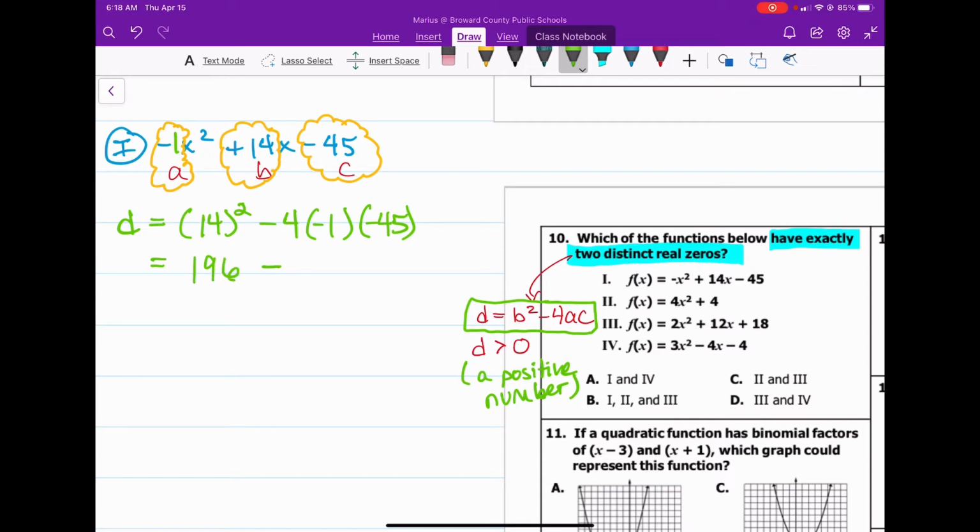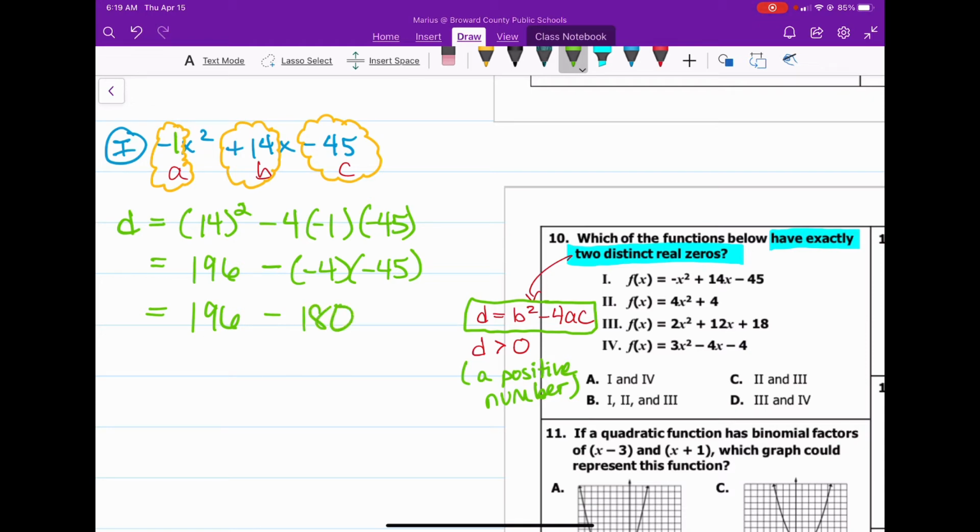Now, working these out, 14 squared is going to give us 196. Now, that's going to be minus 4 times negative 1 times negative 45. Well, 4 times negative 1 is just going to give us negative 4, and then we bring down the negative 45. A negative times a negative is a positive, and 45 times 4 is 180.